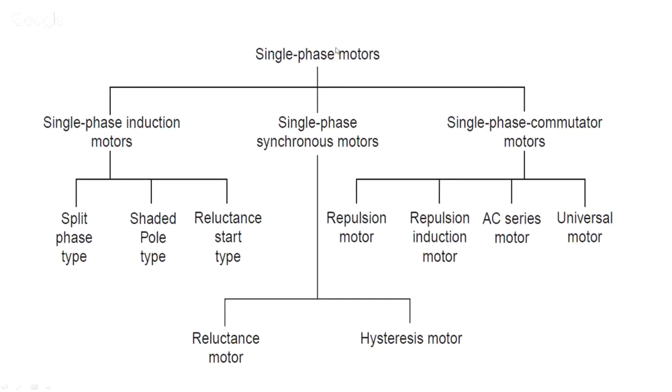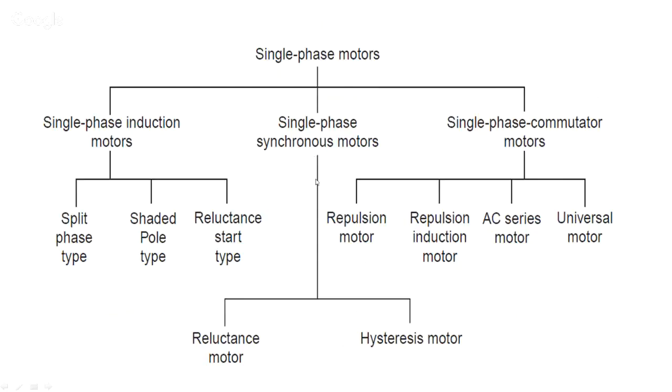So single-phase motors can be broadly classified as single-phase induction motor, single-phase synchronous motors, and single-phase commutator motors. Single-phase induction motors can be further classified as split-phase type, shaded pole type, and reluctance start type.